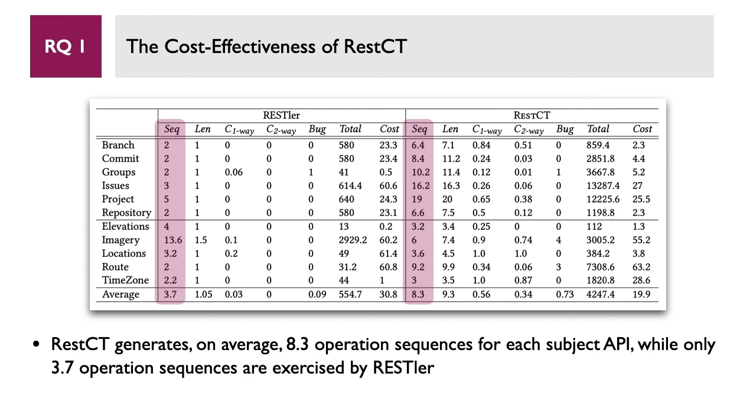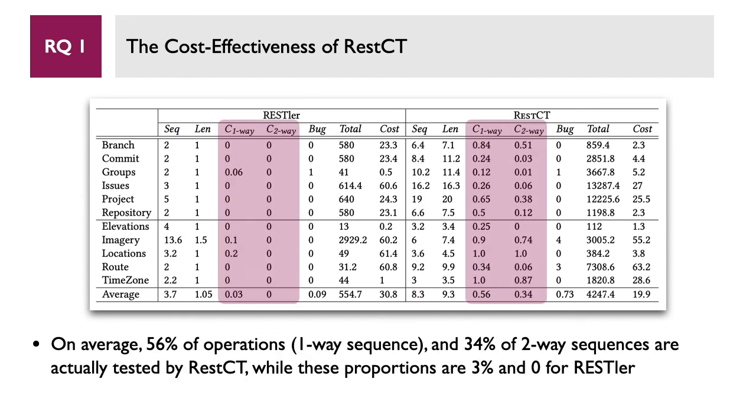This table summarizes the test results obtained. We can see that REST-AT can generate and test more operation sequences than RESTler. Eventually, REST-AT can actually test about 60% of operations and about 30% of two-way sequences, while these two proportions are only 3% and 0 for RESTler.